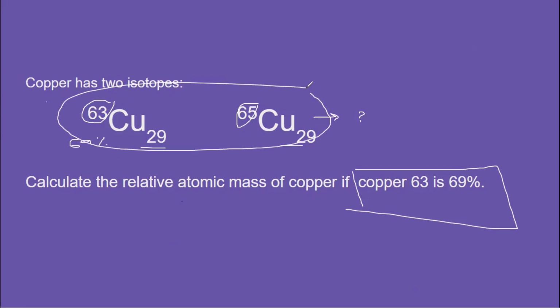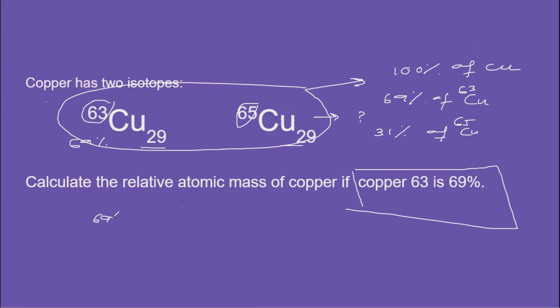Consider that both of them together make up 100% of copper, out of which 69% of copper has atomic mass 63. So 100 minus 69 will be 31. It means the rest, 31%, is copper 65.